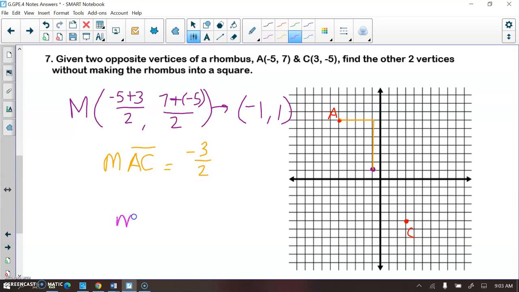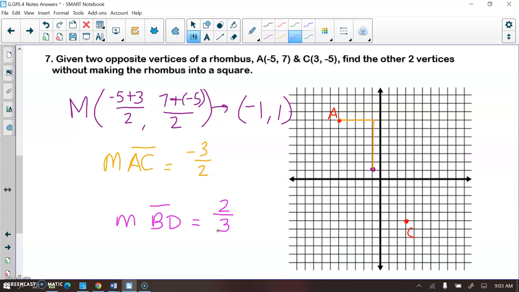So I want the slope of, I'm going to call it diagonal BD, I want that slope to be a positive 2/3, the opposite reciprocal, because then that would make the diagonals perpendicular.